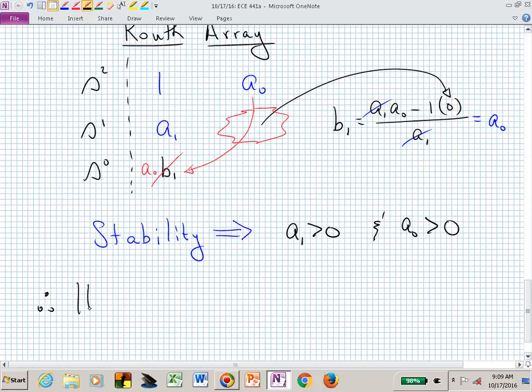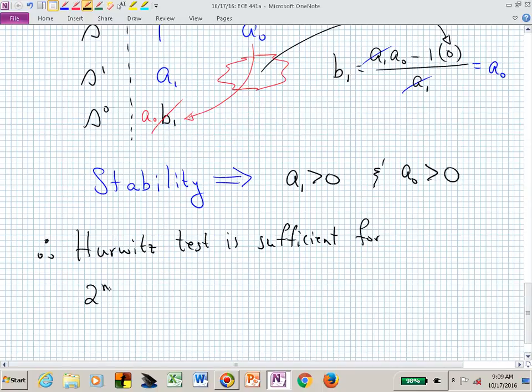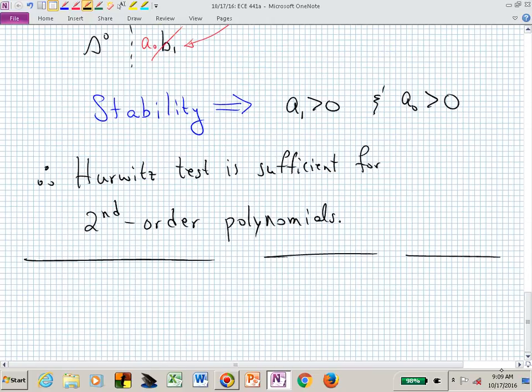Or in this case, the Hurwitz test is sufficient for second-order polynomials. That was sort of a review.